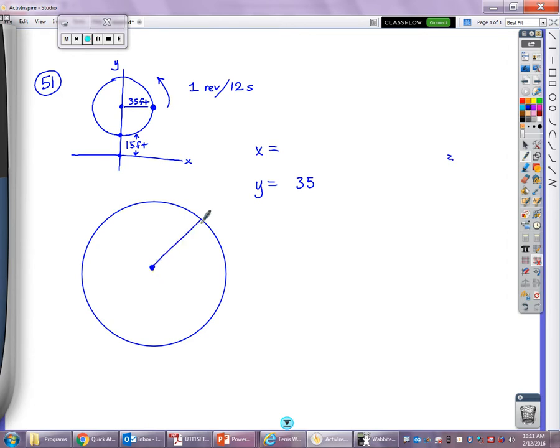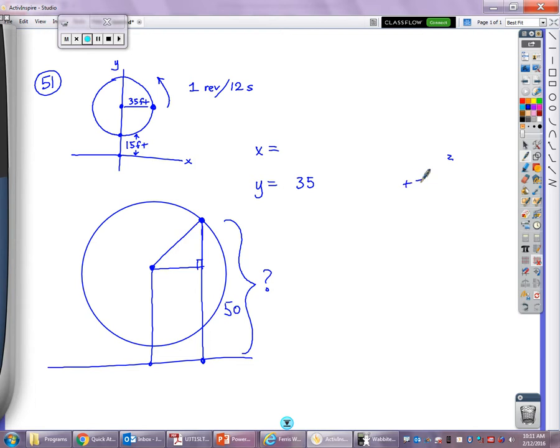If you live right here on the circle, can you help me figure out what your distance from the ground is? This piece, I know already, is 50. I think there'll be a plus 50 at the end of this thing.